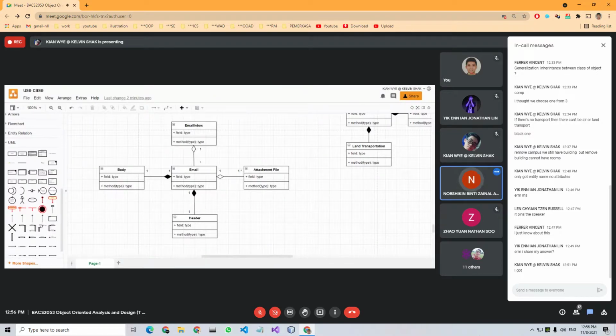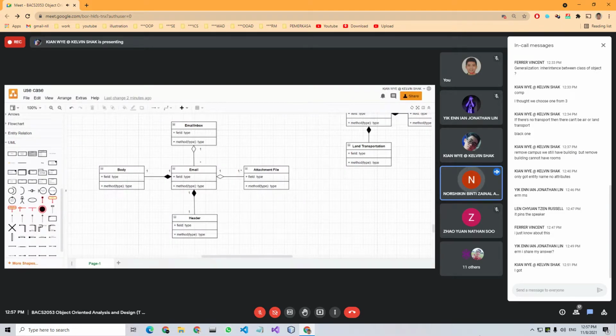So attachment file, as you can see here on the right, is your entity too. So this one should be your correct entity and your correct relationship.